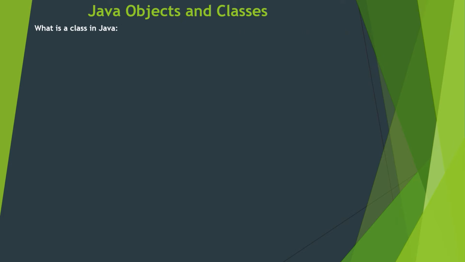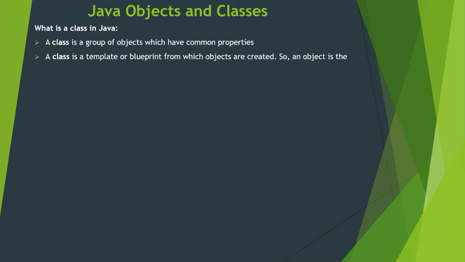Let's understand what is a class in Java. A class is simply a group of objects which have common properties. A class is a template or blueprint from which objects are created. So an object is the instance of a class, because the collection of objects is known as a class. A class contains multiple objects. It is a logical entity.